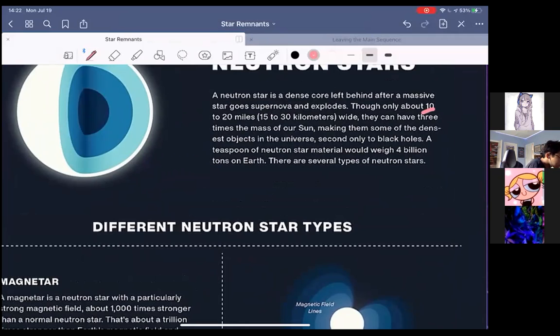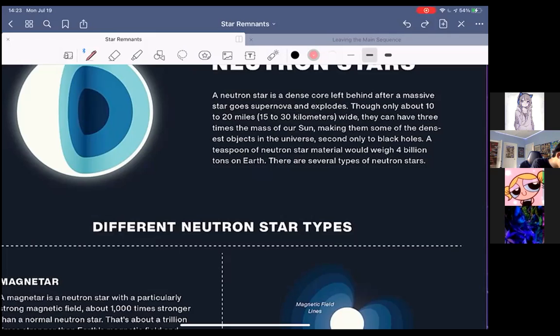They're only about 10 to 20 miles wide. Can you imagine that? Something with maybe 1,000,000 times Earth's mass being condensed to something just about 20 miles wide. That's incredibly dense. We can't even imagine how dense that is. We only have numbers to try to describe it.